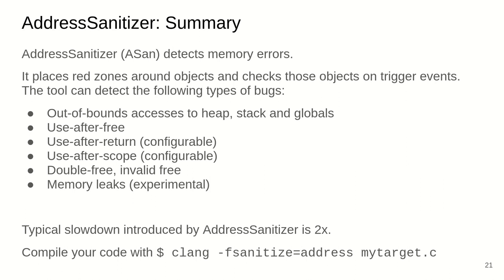Out of bounds accesses to the heap, to the stack, and to the globals, use after free, use after return, use after scope, double free, invalid free, and so on. For any use after something, it makes sure that the data remains marked for as long as possible. So it will delay upon free. It will simply mark the whole object as being free in the metadata.